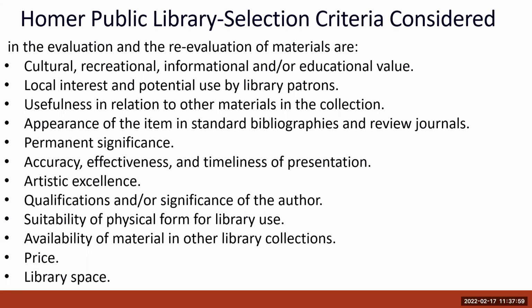You don't just add things and never look at them again. You're going to look at that item again over time and say, is it still important to keep this in the collection? Is it being used? Does it still fall within the scope of our collection? Is it still relevant? Is the information still pertinent? So yeah, it's evaluation and re-evaluation, and they list all of the things.